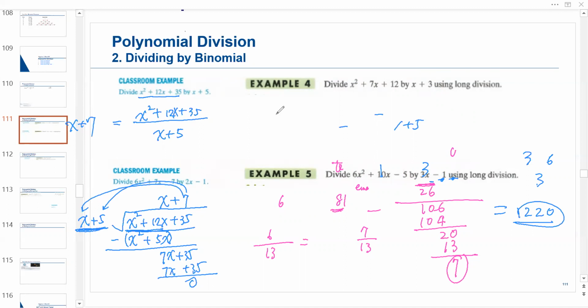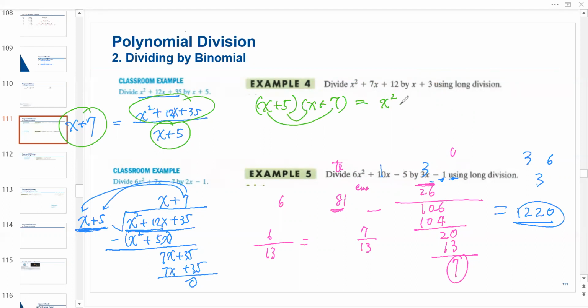So this one divided by this one equals this part. So let's check this one. x plus 5. This equals what? We learned this, right? We just learned it. That's a good thing. So this one equals x squared, 7x, 5x plus, totally together is 12x and 35, right? So this part divided by this one equals this one. Definitely makes sense. Easy way, right?